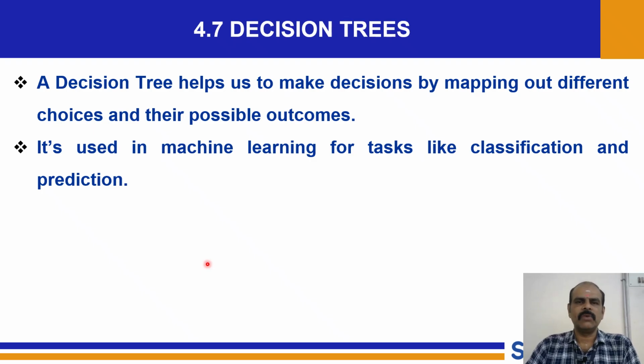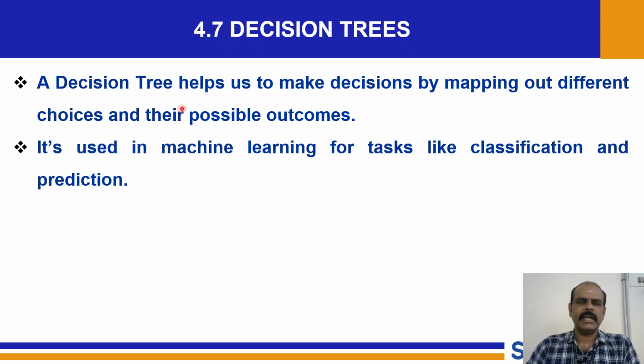Likewise, we can get n number of data points if it is pictorially represented. A decision tree is of that nature, where it gives out our choices as far as decisions are concerned. So with this preamble, we'll get into the decision trees.